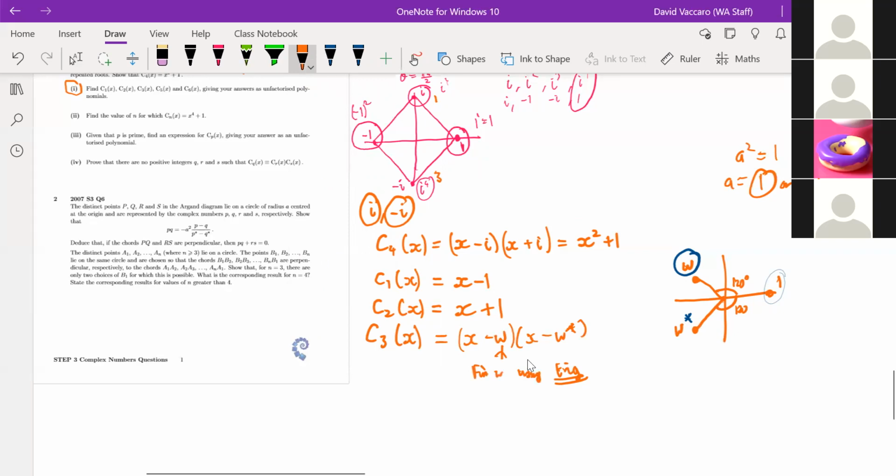But can anybody give me a much simpler way of finding this polynomial without needing to find omega and omega star? So can anyone think of a much simpler way of finding a quadratic which has got roots omega and omega star?